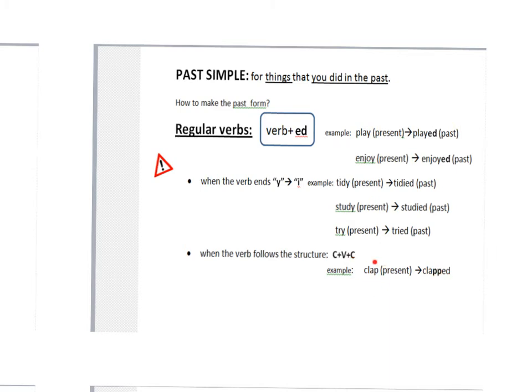So it would be clap. C is the consonant, L, A is the vowel, P is the consonant, and we would write clapped. This would be with verbs with one syllable. Remember that syllables are the sounds the words make. For example, clap is one syllable. Study, two syllables.